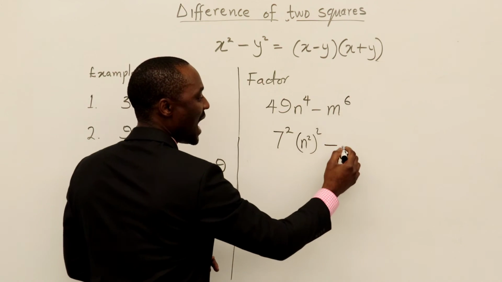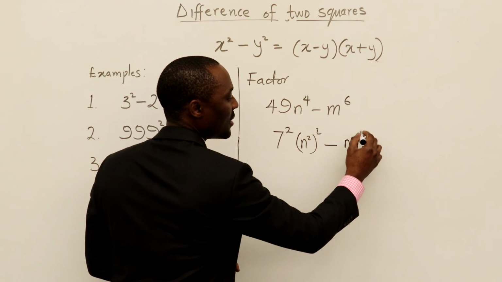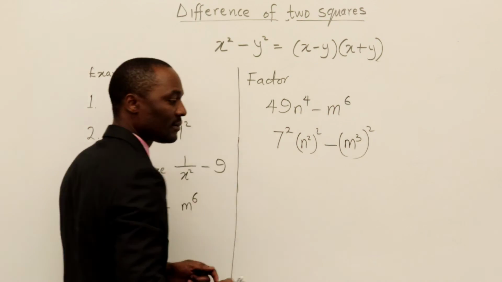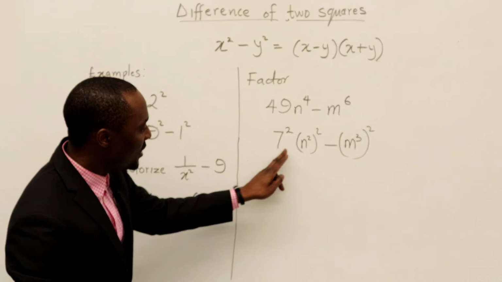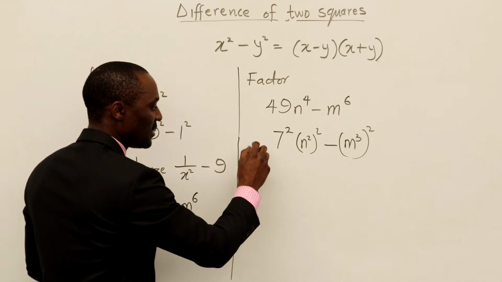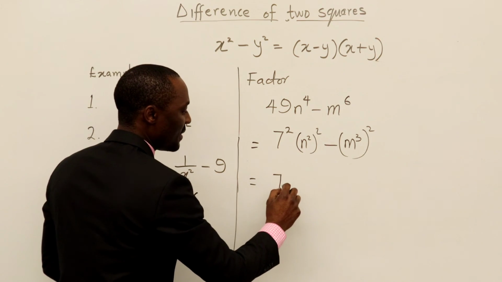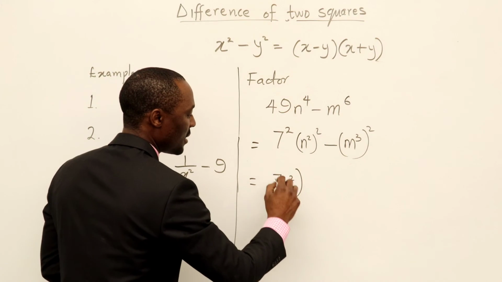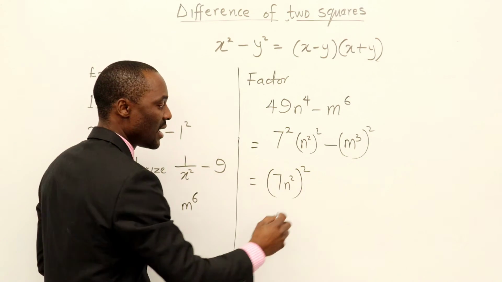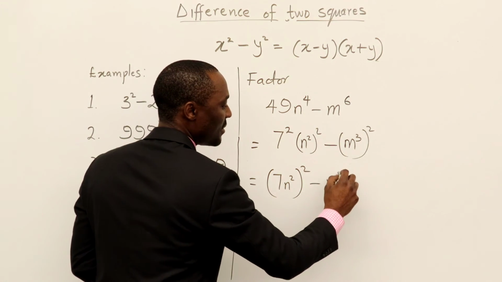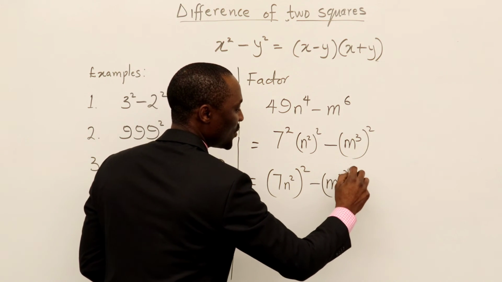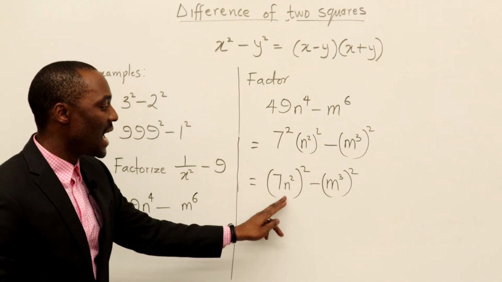Minus, this is m to the 3rd squared. So, if we try to put these two together, you'll end up with 7n squared squared minus m cubed squared. Now, we've gotten our x and our y.